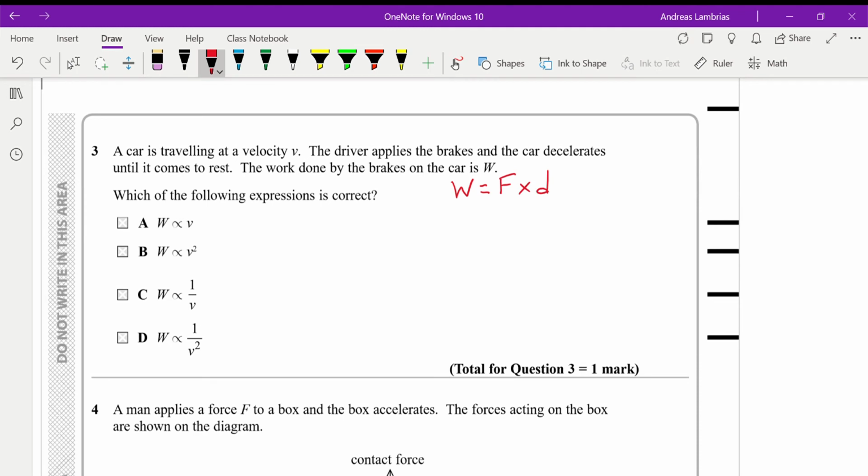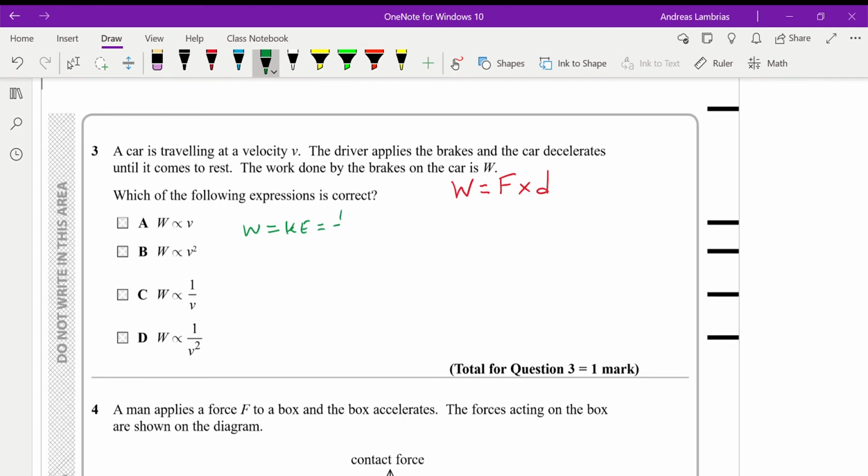So, one way to think about it is that before the car applies the brake, it has some kinetic energy because it's moving, and then when the brakes are applied, it will come to rest. That means all this kinetic energy has been lost. So the work done by the brakes should be equal to the kinetic energy that the car had before you apply the brakes.